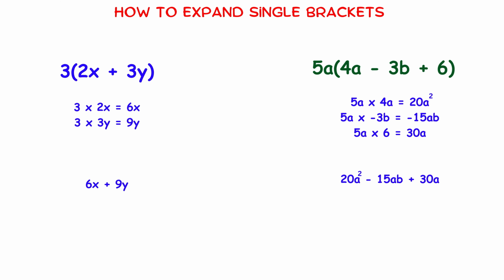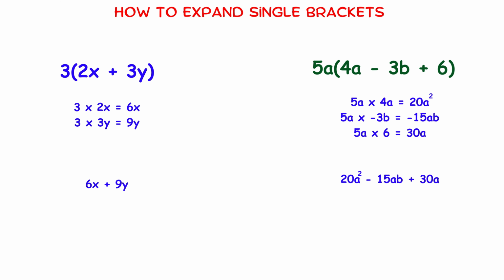So you'd have to do 5a times 4a, which is 20a squared, then 5a times minus 3b, which is minus 15ab, and finally 5a times 6, which is 30a. So in total you would have 20a squared minus 15ab plus 30a as your overall answer.